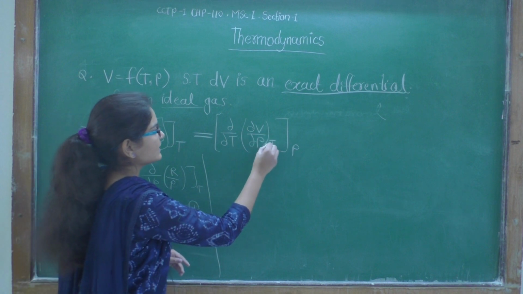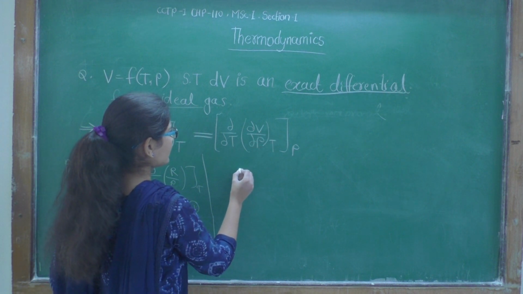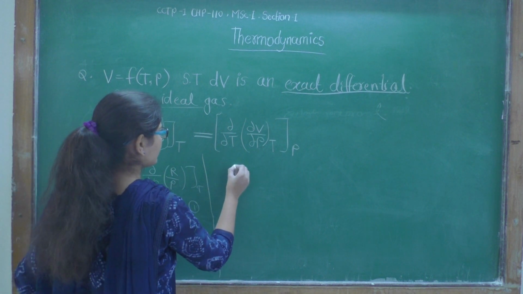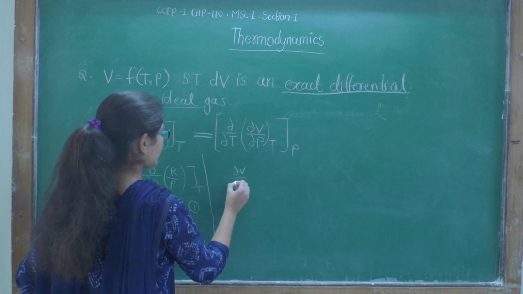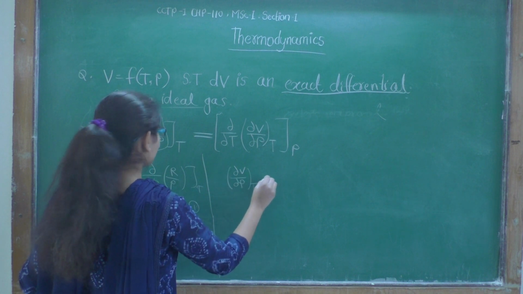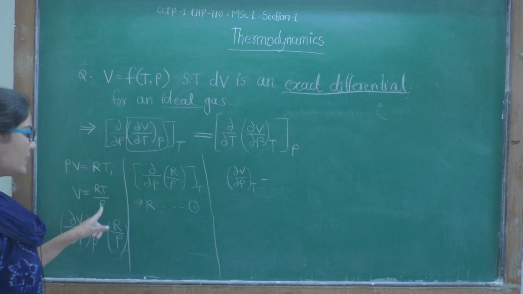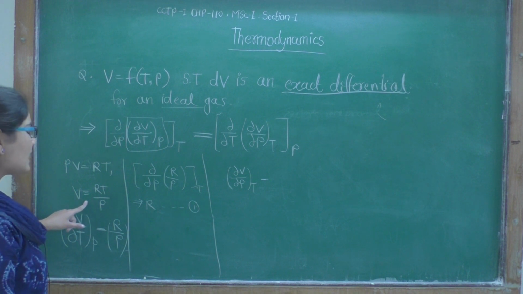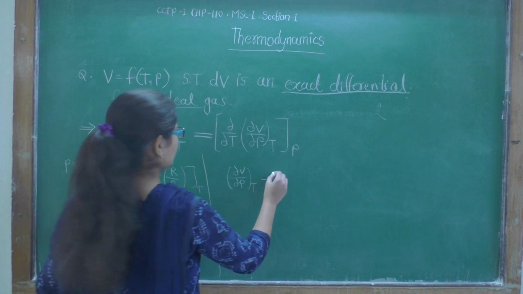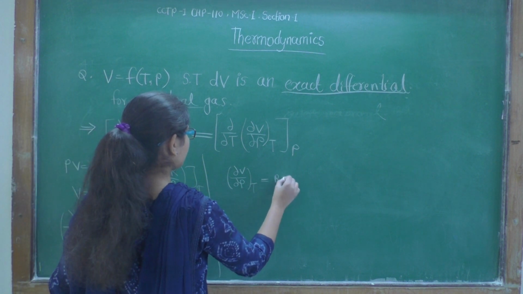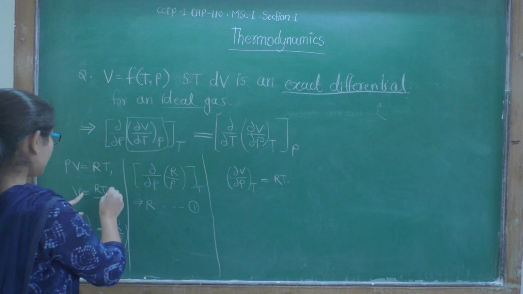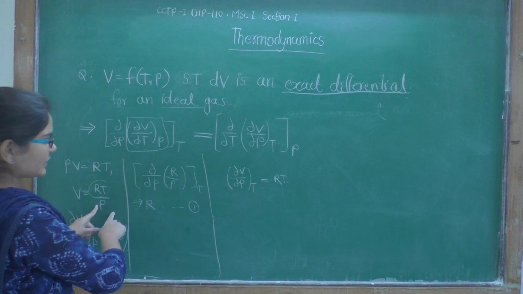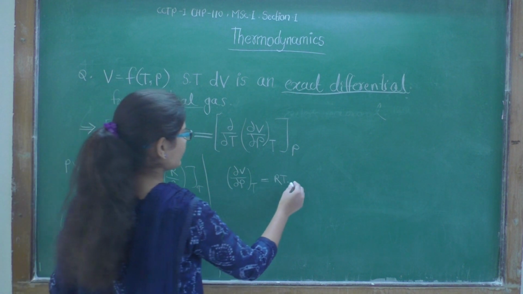Now let's calculate ∂V/∂P at constant temperature. V is equal to RT by P. R is constant and temperature is also constant, so it is RT into the derivative of 1 upon P with respect to pressure.